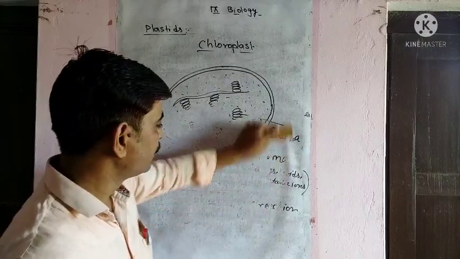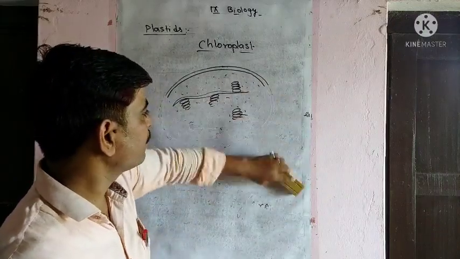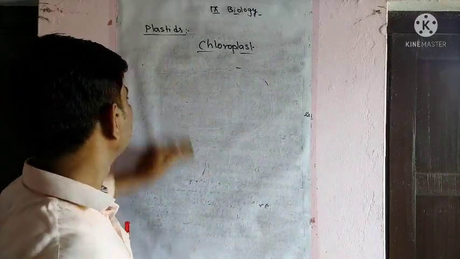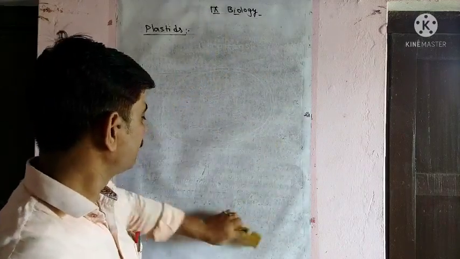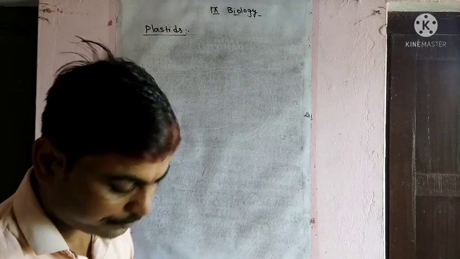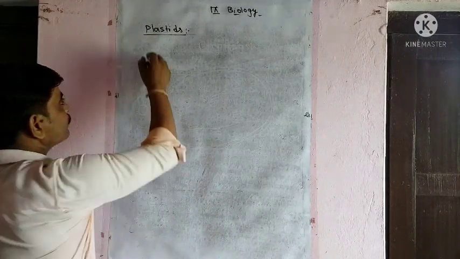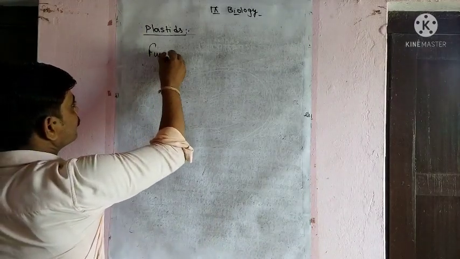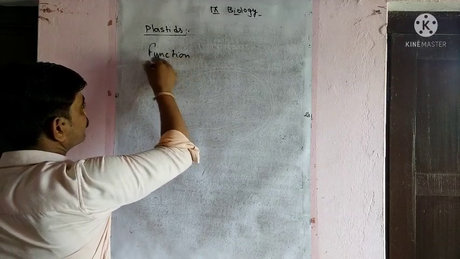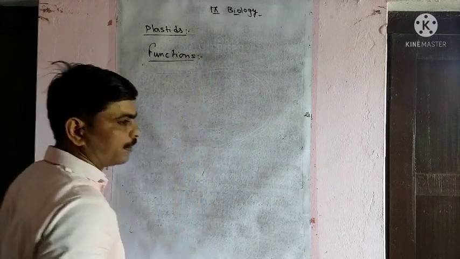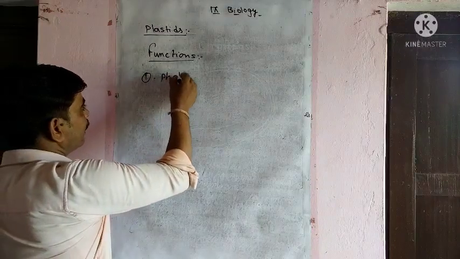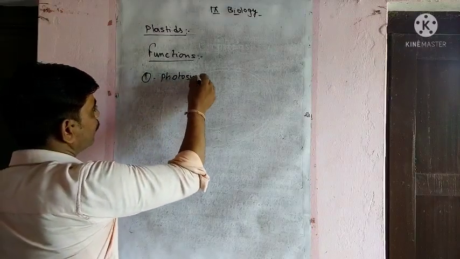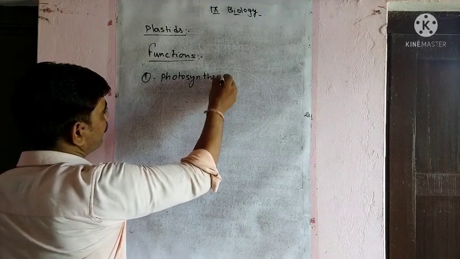Now, their function. Function of plastids. In green plants, they help in photosynthesis.